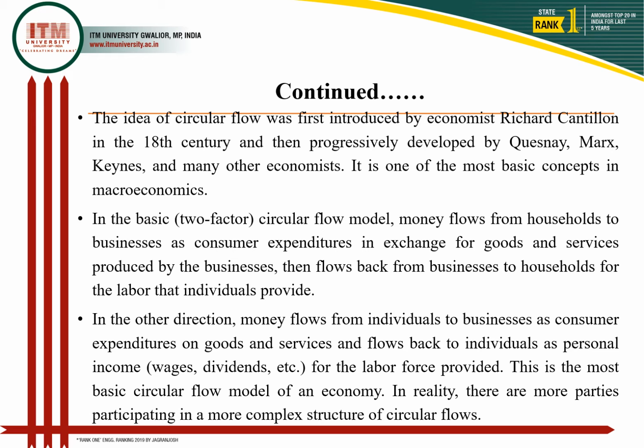Why? For purchasing the goods and services that have been produced by the firm. So it is a kind of circulation. Income generated in the production unit reaches back to the production unit again, and this completes the circular flow itself. So this is the flow concept in the economy.